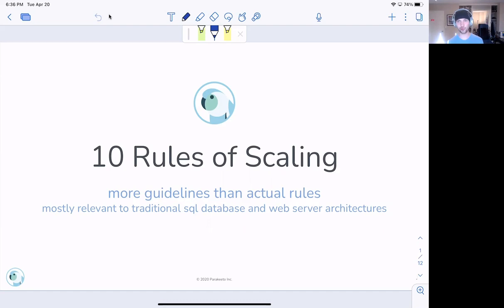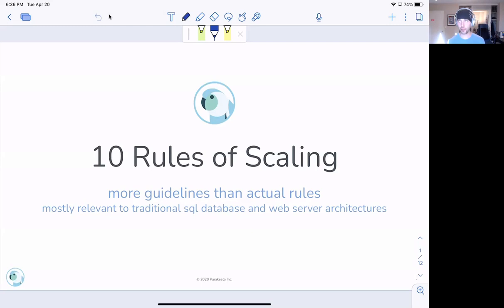A few other important call outs. One is that, like most things in technology, these are really more guidelines than rules. Of course, every situation and context is different. This is written more for the context of traditional architecture web applications, in particular a traditional centralized SQL database, Postgres, MySQL, Oracle, and web server architecture.